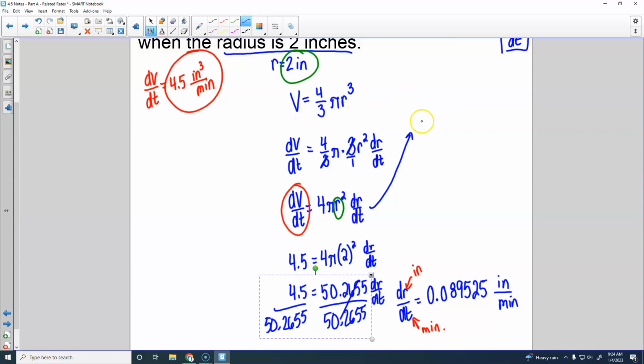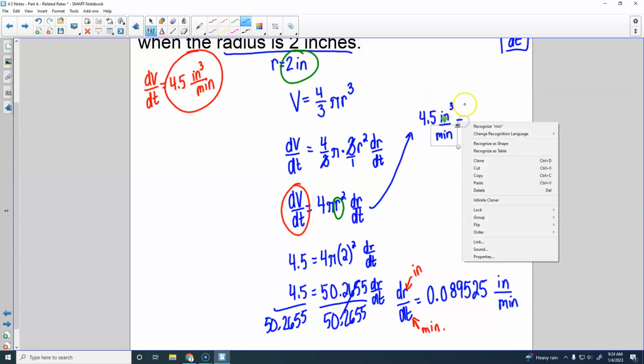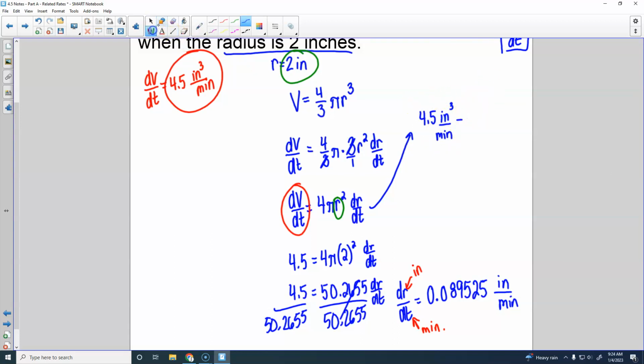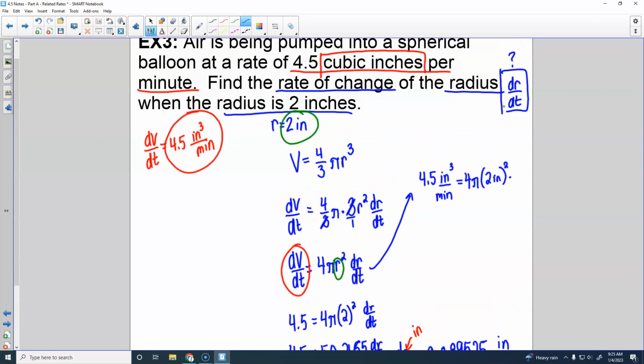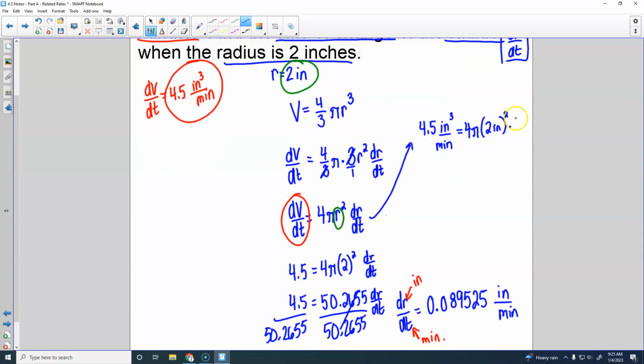So when you put in 4.5, that is inches cubed per minute, and it equals 4 pi times the radius, which was 2 inches, squared, times dr/dt. We were looking for dr/dt.